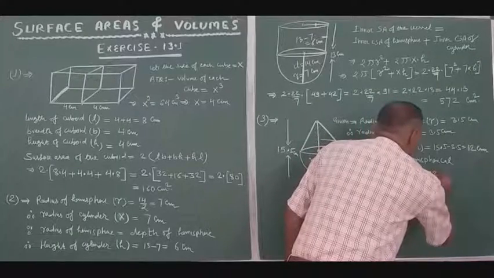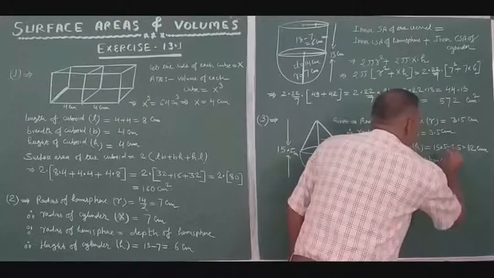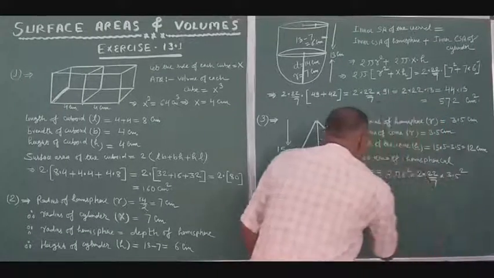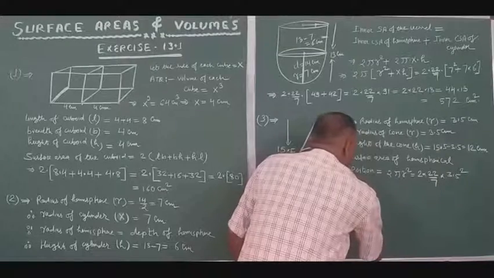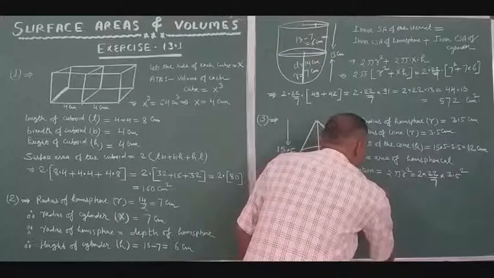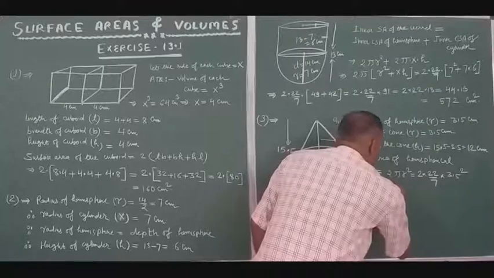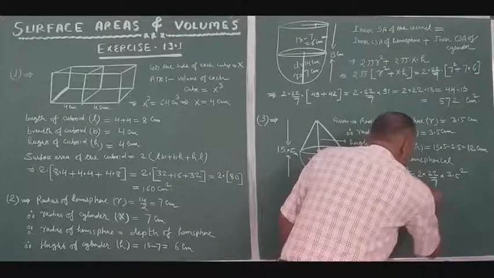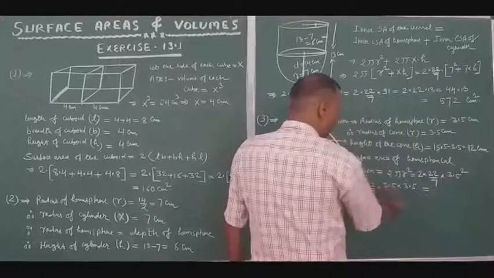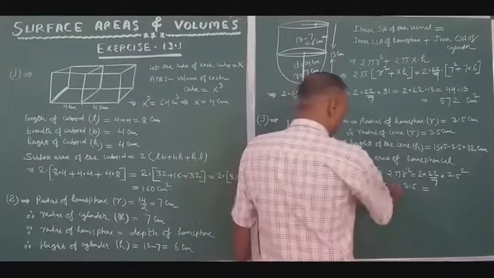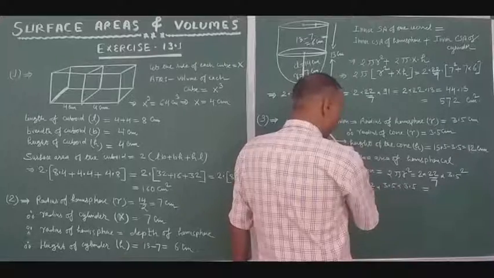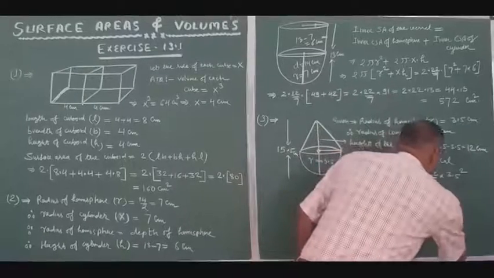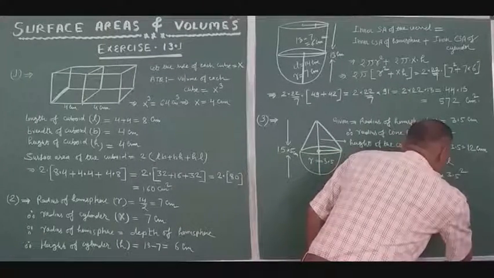Just put all the values: 2 × 22/7 × (3.5)². So this will be 2 × 22/7 × 3.5 × 3.5. Now 7 into 0.5, 0.5 into 2 is 1, so 22 × 3.5.